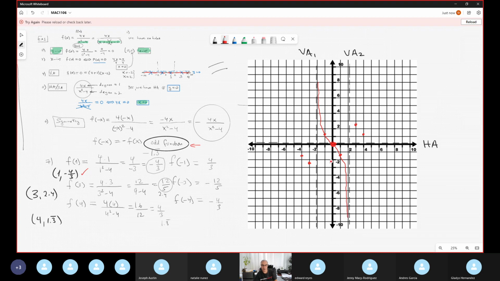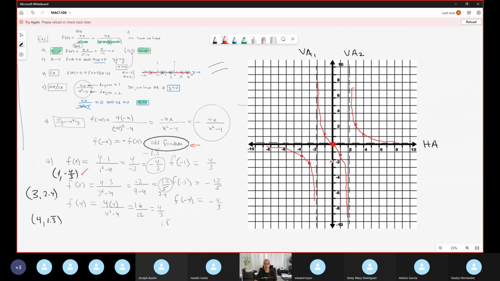I did the graph in the interval between negative 2 and positive 2. After positive 2, we have that situation. This approaches asymptotically but never touches, and this approaches asymptotically but never touches. A similar idea happens here.